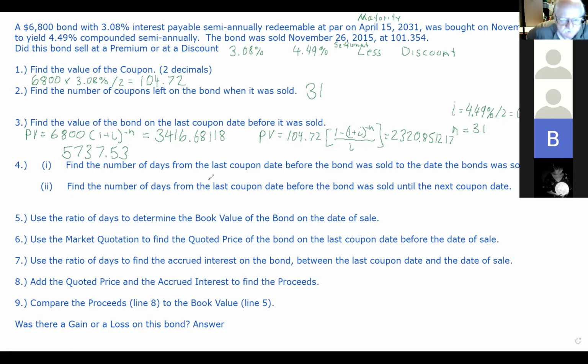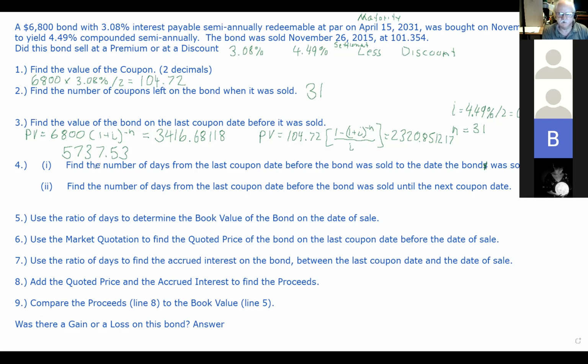And then, because it wasn't sold on a coupon date, we have to find the number of days from the last coupon date before the bond was sold to the date the bond was sold. Let's cross out the S, that would be better.